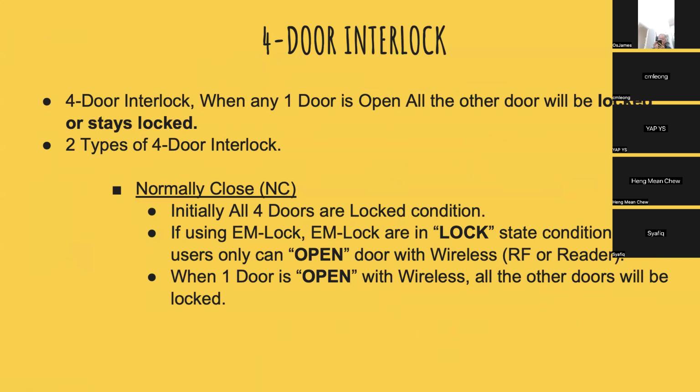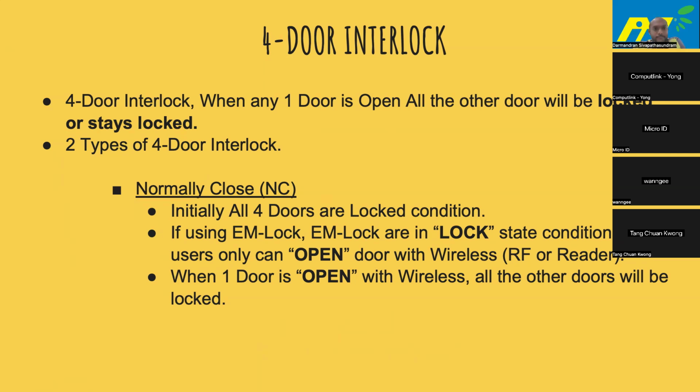Our next function is four-door interlock, but in normally closed condition, where all the doors' EM locks are in locked condition. The EM locks are all locked. So you may ask, the I/O board only has 4 inputs, which are now used as door sensors. So how do we unlock the door?